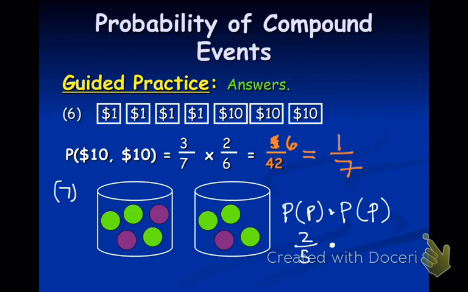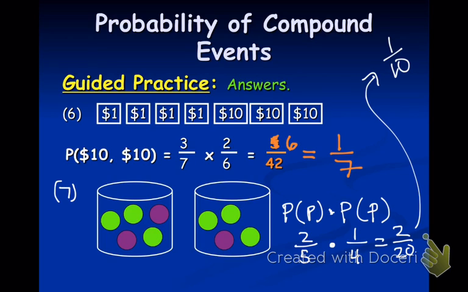If we do not put the purple marble back inside, meaning without replacement, so it's dependent, now we have 4 marbles in the jar, and we only have 1 left that is purple. So our probability ends up being 2/20, and we can reduce this down. Divided by 2, we get 1/10 as our final answer.